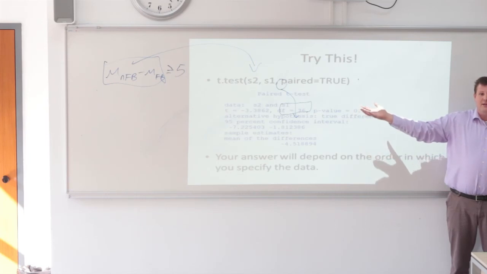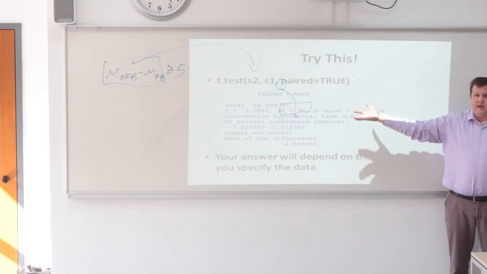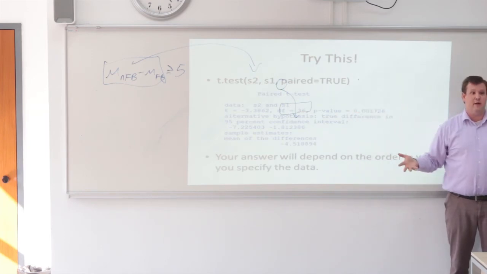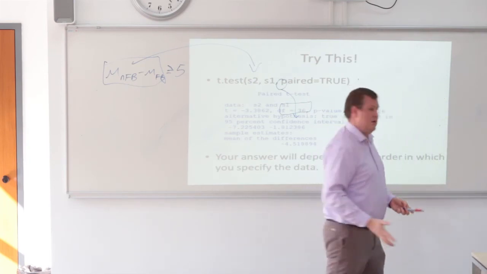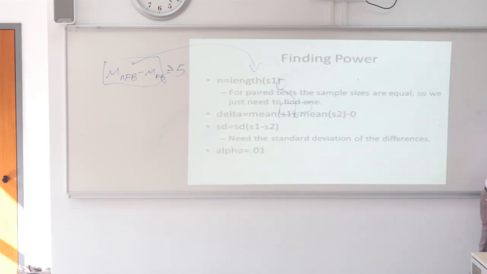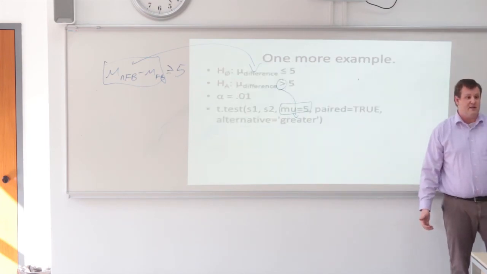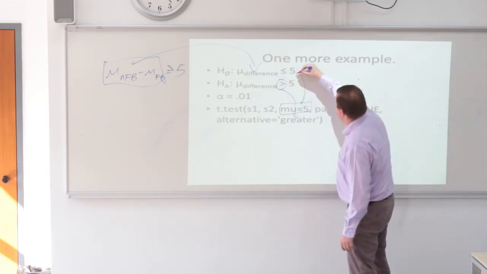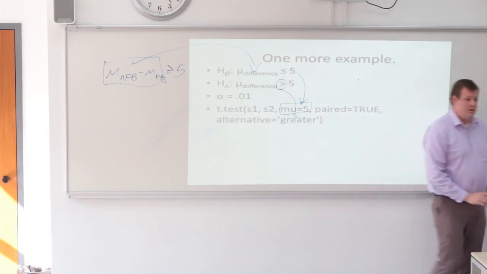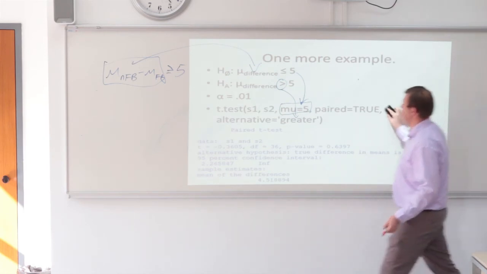Why? Because when we don't specify mu, t.test assumes the expected value under the null is 0. Here we said that the difference is not expected to be 0, that it is expected to be 5, right? So we indicate that here with mu. And when we calculate it, the p-value is 0.6397.